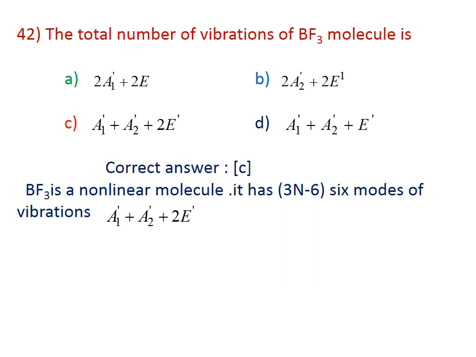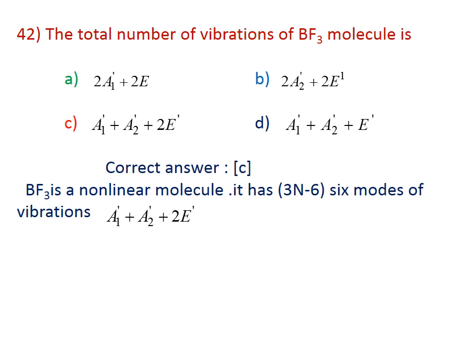The total number of vibrations of the BF3 molecule: the correct answer is C, A1 dash plus A2 dash plus 2E dash. Already I have discussed, the total number of vibrational modes will be equal to tau total minus bracket tau translational plus tau rotational.